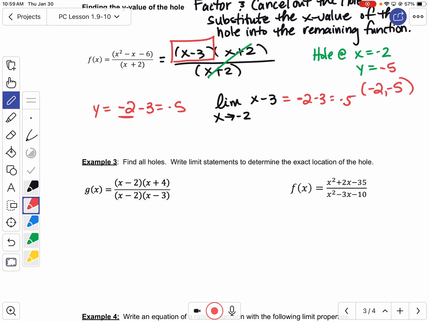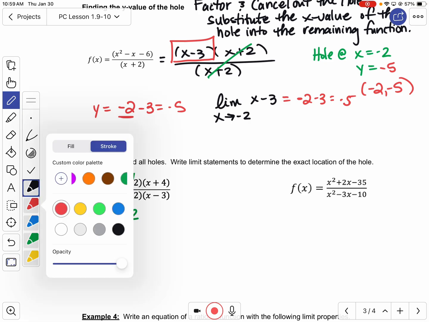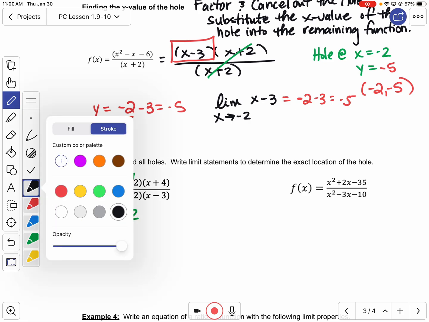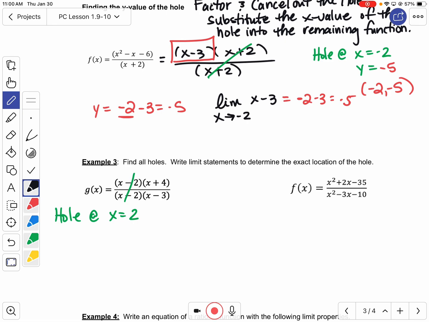Let's look at the first one. Do we have any factors that repeat? x minus 2 repeats, so we know we have a hole at x equal to positive 2. Now, to get my y value, we're going to write that limit statement so we get used to seeing it. It's the limit as x approaches the hole.